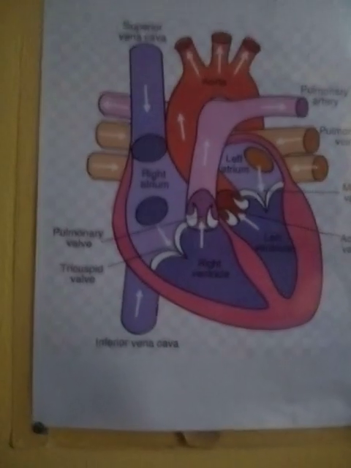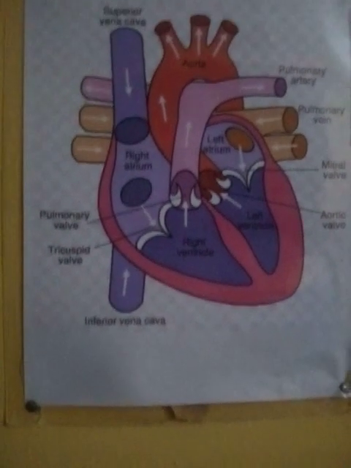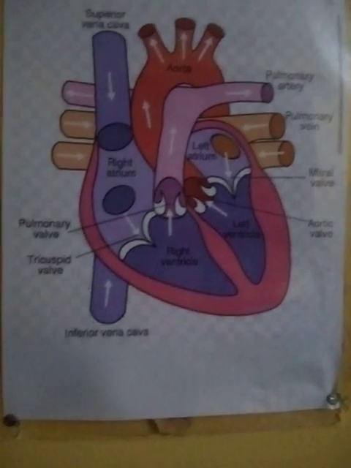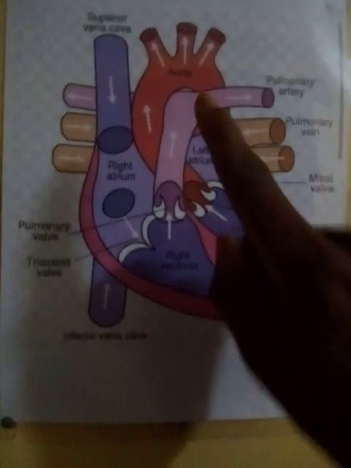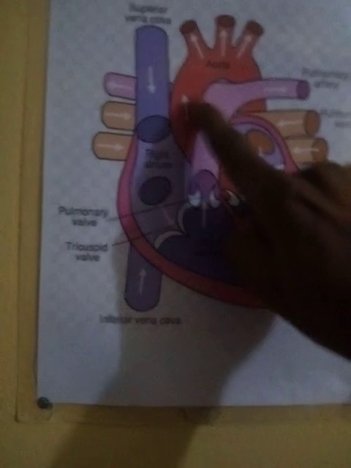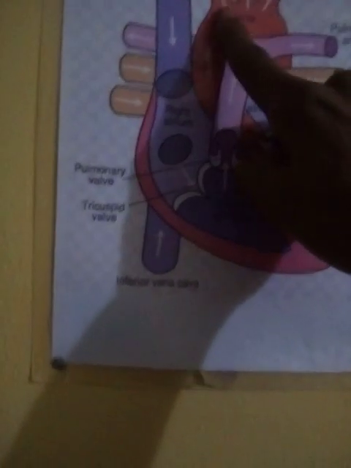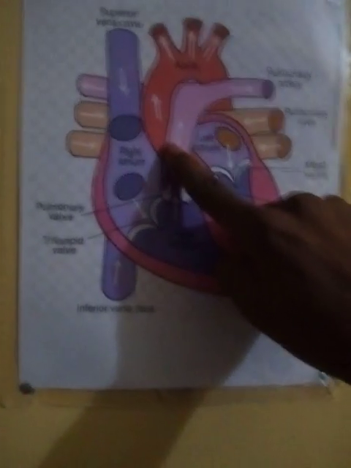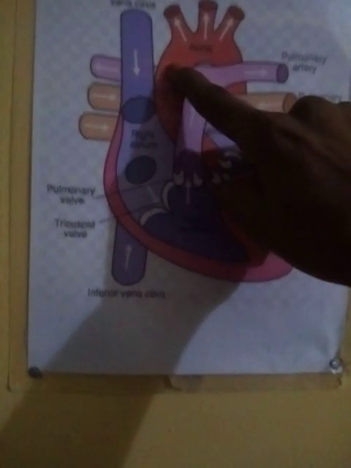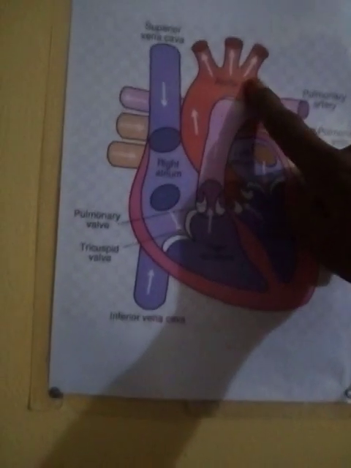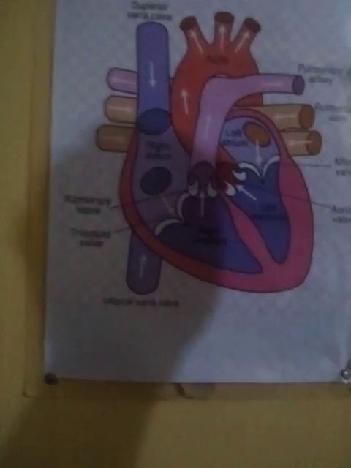Now, the aorta is the largest, the biggest, and the strongest blood vessel in the body system. This is the aorta, this big blood vessel. It is the biggest, the strongest, and the largest blood vessel found in the human body. Why is it the strongest?